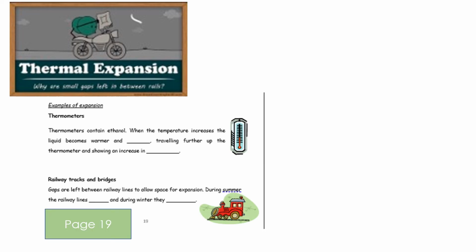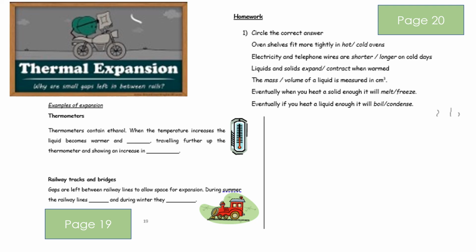Once you've the video watched, then what I want you to do is complete the examples of expansion at the bottom of page 19. So you must fill in the spaces on the bottom of page 19 once you've finished that video. When you've got that done, the final thing then you have to do in terms of work today is that you must complete the homework task at the top of page 20.